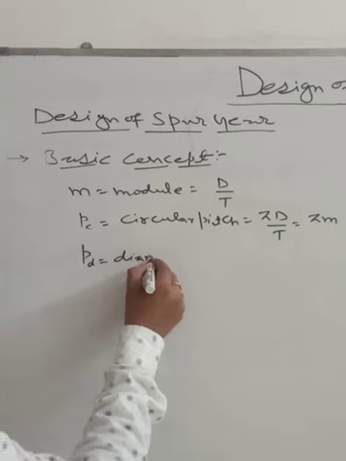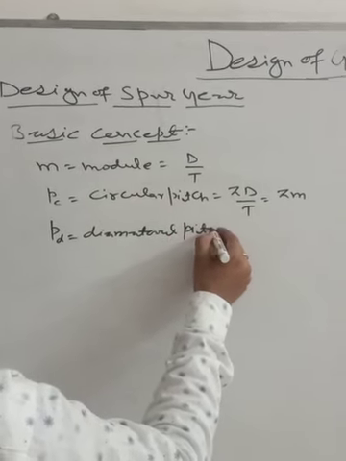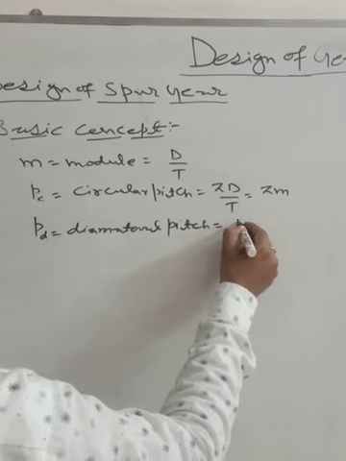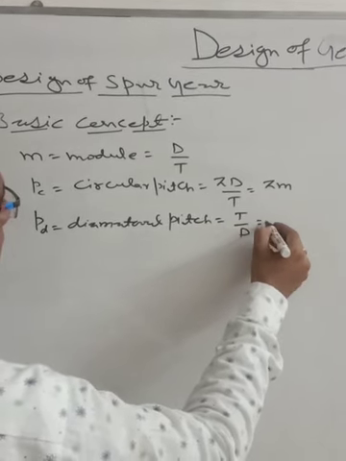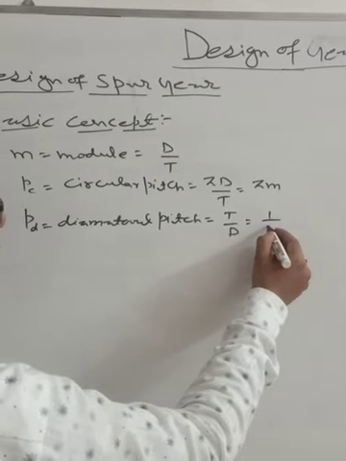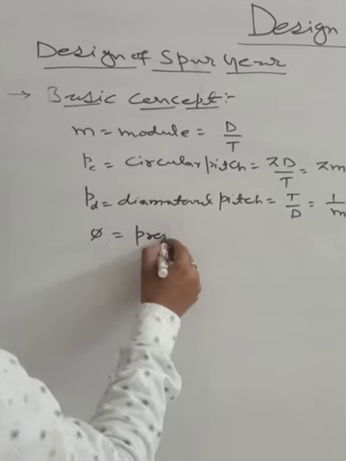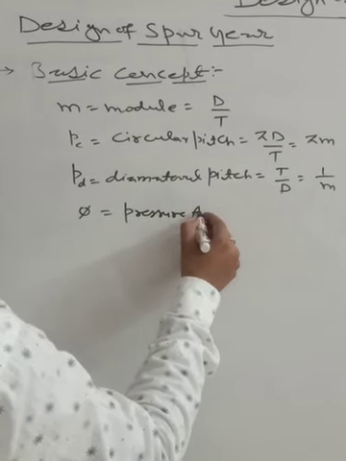Diametral pitch, which is equal to t by d, and 1 upon d by t is equal to 1 by m. Phi is the pressure angle.